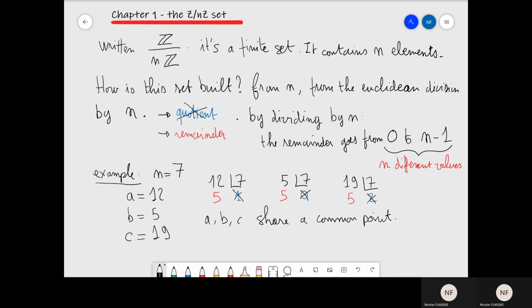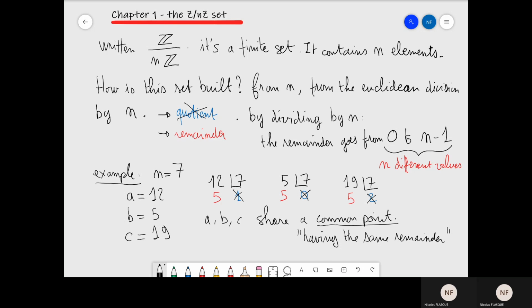All of them have the same remainder when they are divided by 7. This is true for 7. If you choose another value for n, for example n equal to 9, then 12, 5, and 19 won't have the same remainder. It really depends on n.